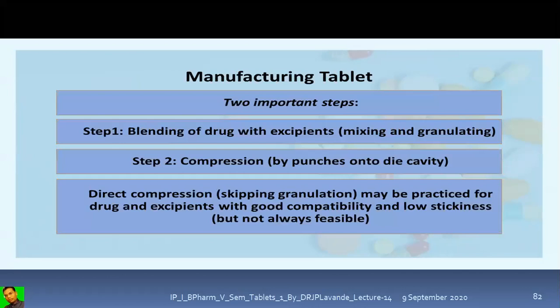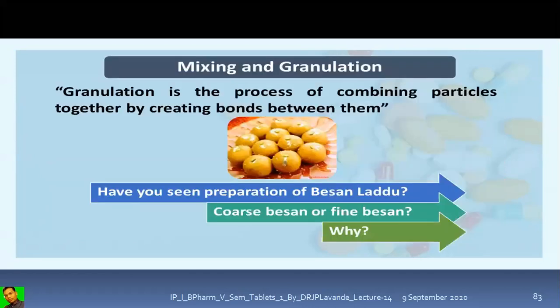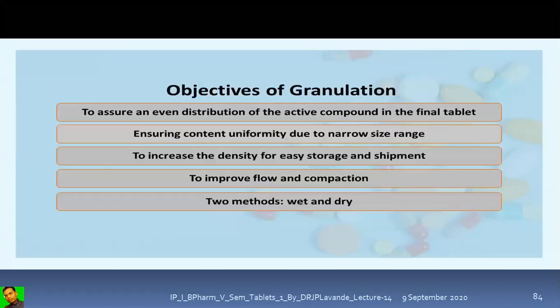Then we saw the manufacturing of the tablet, which can be manufactured by a two-step process. Step 1 blending, step 2 compression. Blending is nothing but mixing and granulation, and compression is nothing but punching, that is the compression between the upper and lower punch inside of the die cavity. Then we saw the significance of formation of the granulation and mixing.